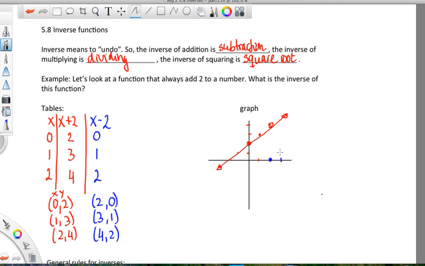At 3 you would be at 1. And at 4 you should be at 2. You then see in this case that the two functions run parallel. Now that's not always the case, but graphically the two functions will look like that. Okay?